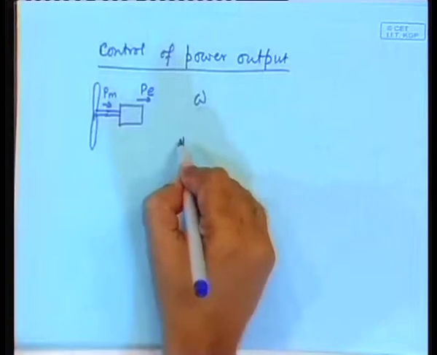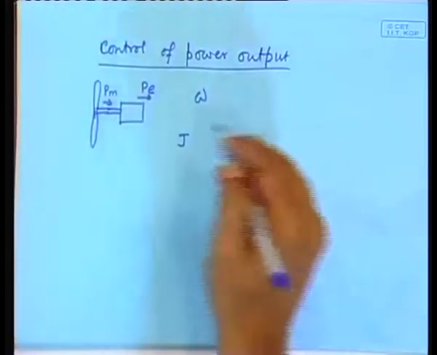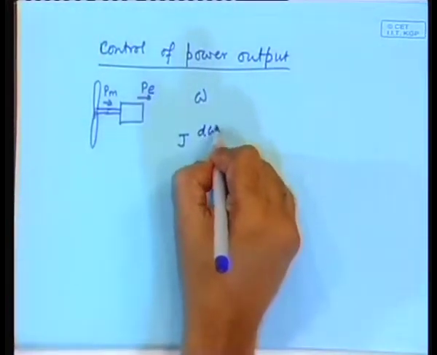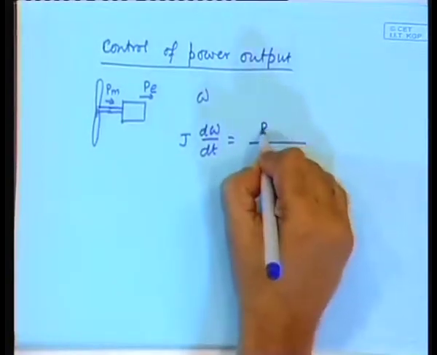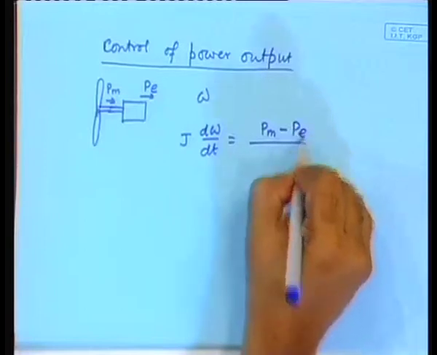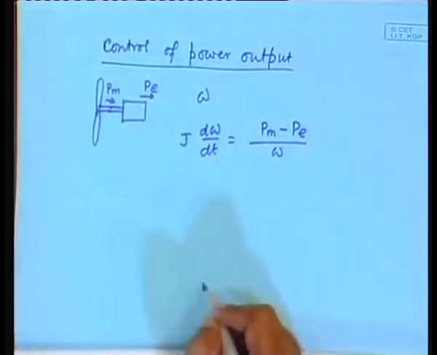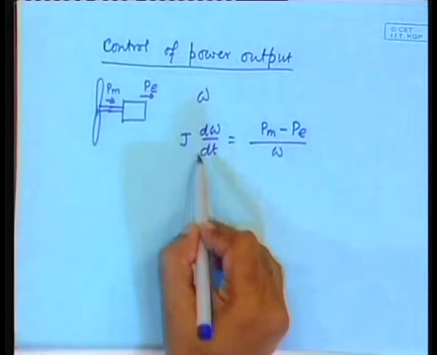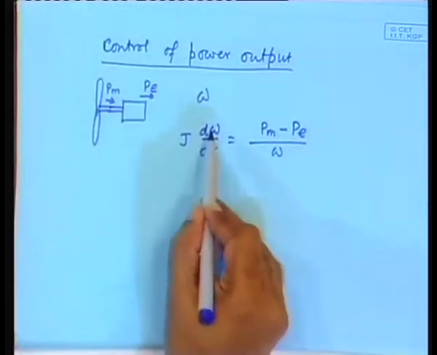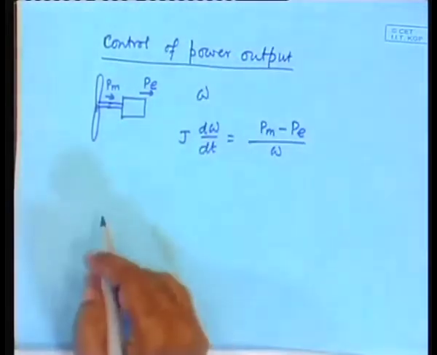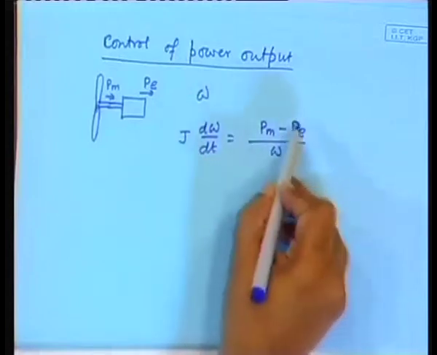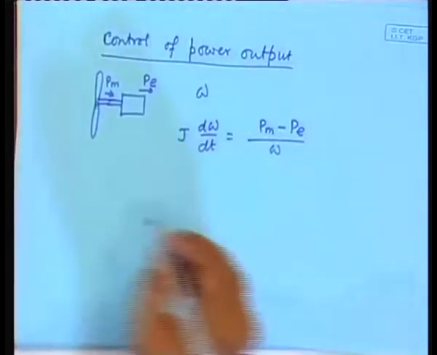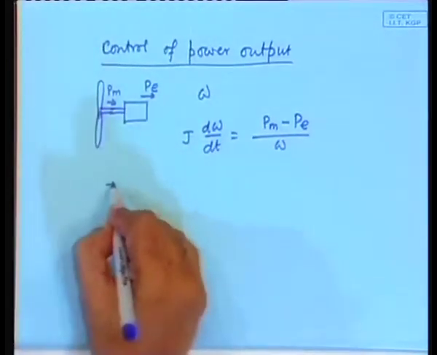If there is a difference in Pm minus Pe, then you can write the equation as J, the angular moment of inertia, times d omega dt is equal to (Pm minus Pe) by omega. You can easily see that there will be a positive value here, the speed will go up, because this is positive. And how much will the speed go up? You can integrate this.